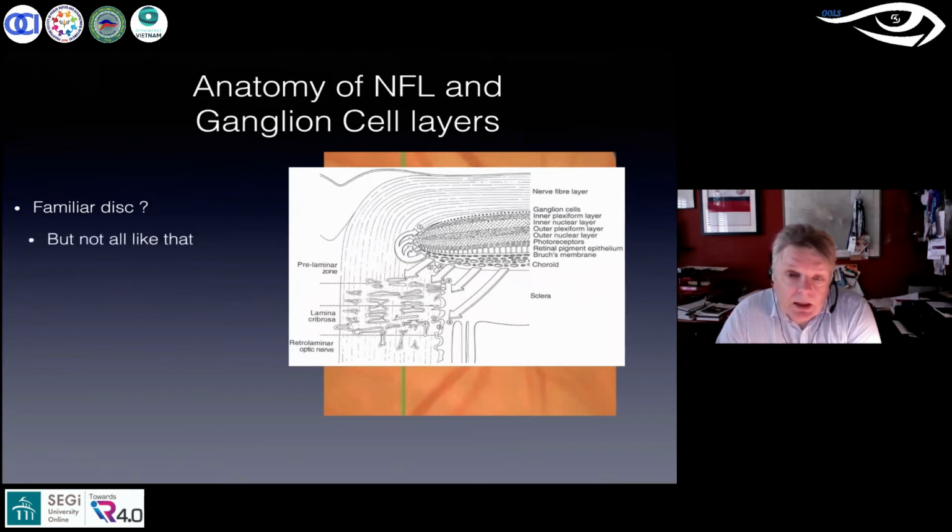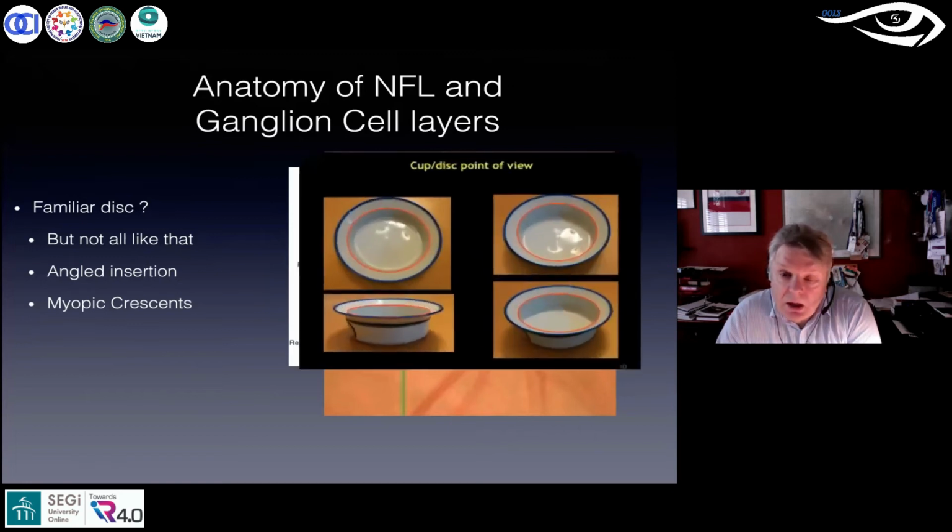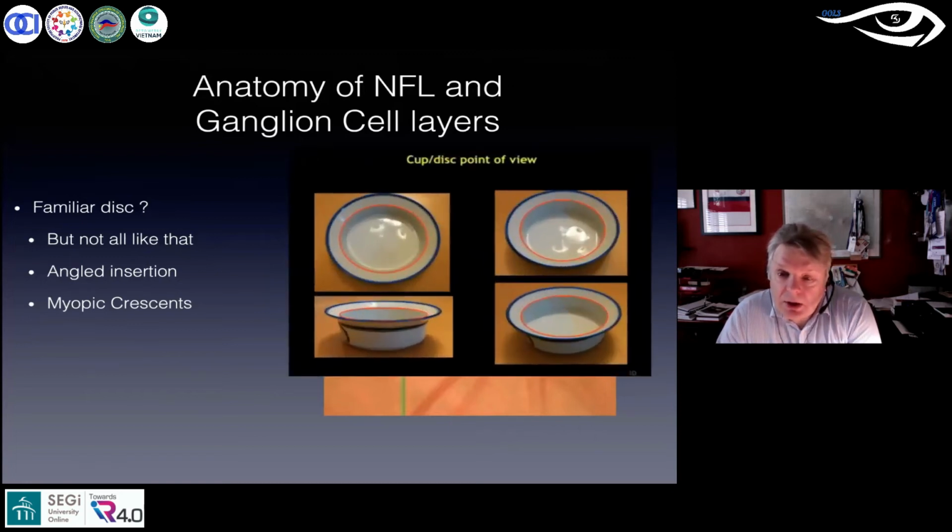But it has to be said that not all optic discs look like that. They don't all look dead straight and dead square. In many, there is an angled insertion. You often get myopic crescents because of staphylomatous effects and the angles that the nerve enters the globe of the eye.